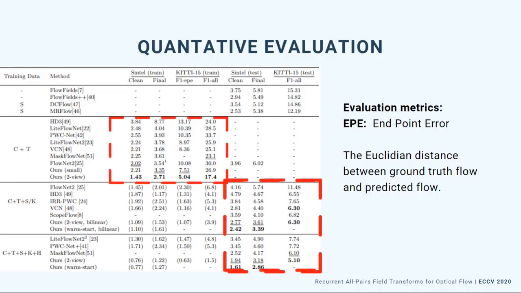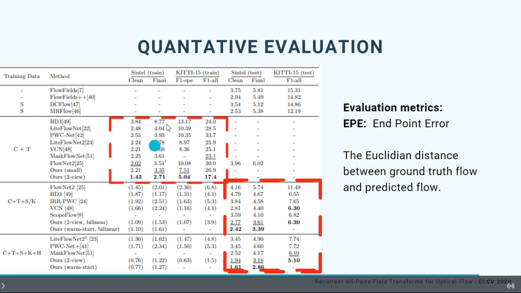So let's move on to the quantitative evaluation. For the quantitative evaluation, they use EPE as an endpoint error, where EPE is the linear distance between the ground truth flow and the predicted flow. Let's move on to the table part here.